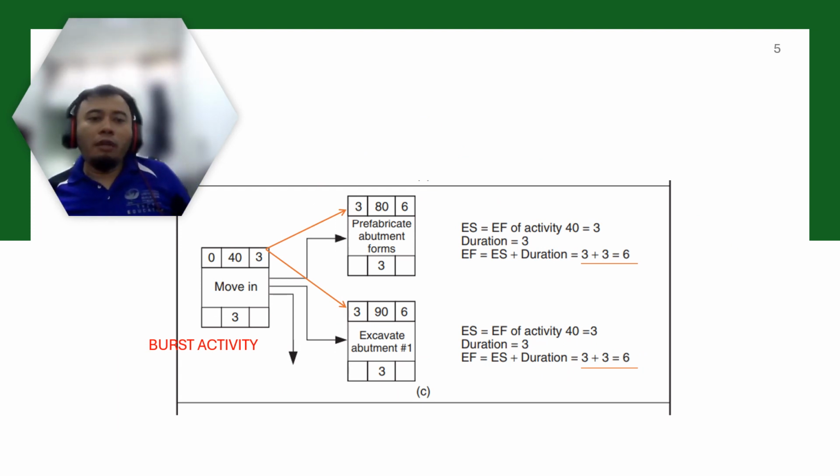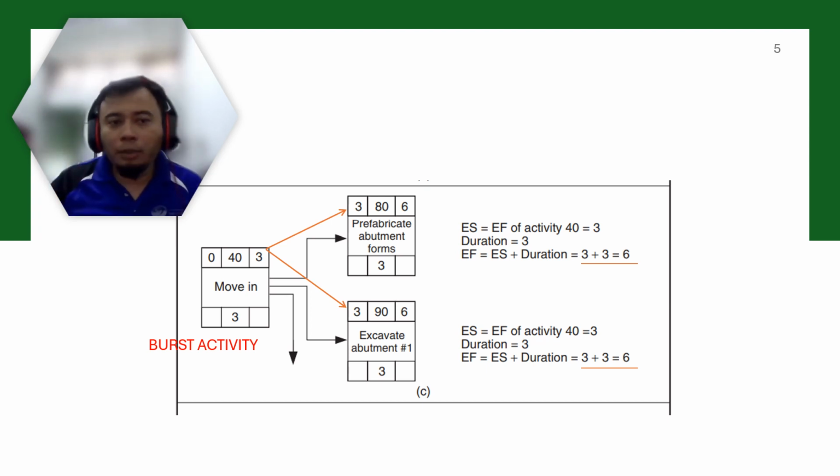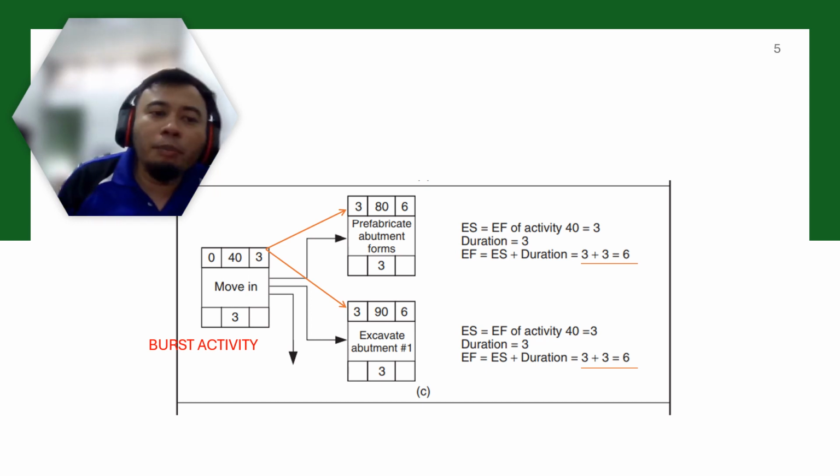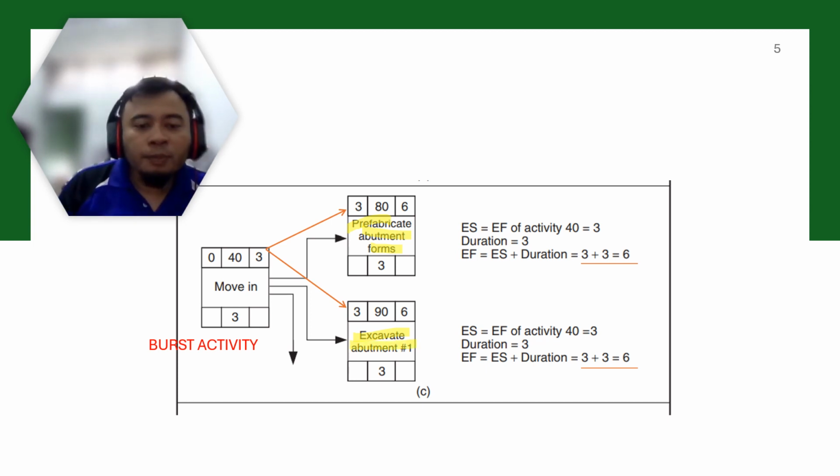In a network diagram, you also have burst activity, where one activity branches out into subsequent activities. In this example, once you move in, you want to start prefabricating the apartment formwork, and you can also start excavating the apartment. The ES of prefabricate apartment forms will be equal to the EF of activity 40, which is day 3.